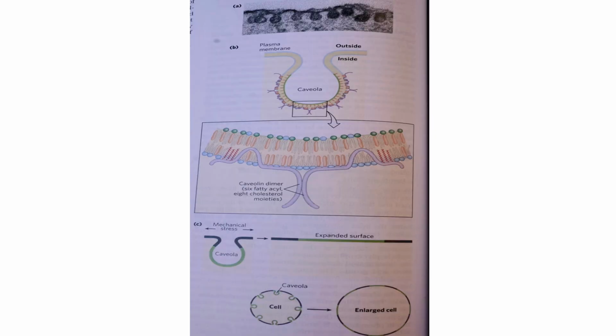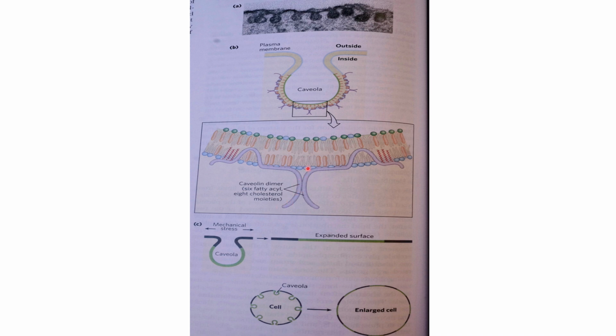So here's an example of that interaction right here. So you can see these invaginations here. This is a caveola right here, outside, inside, and this little vesicle that's forming, and the caveolin dimer, which has 6 fatty acyl and 8 cholesterol moieties, occurs right here.